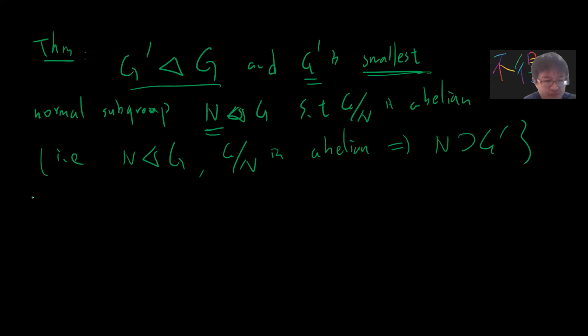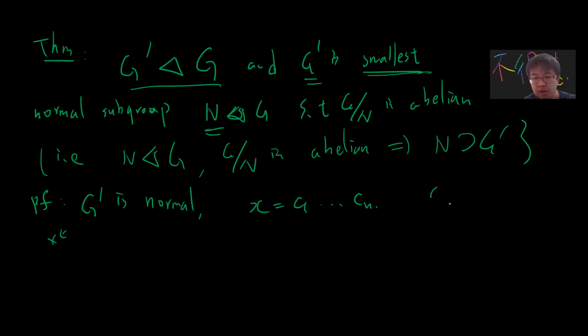Okay, so G prime is normal. Let's check that G prime is normal. I think it's not difficult, right? Basically, you can write any element x belonging to G prime as C1 up to Cn, and each Ci looks like xi, yi, xi inverse, yi inverse.